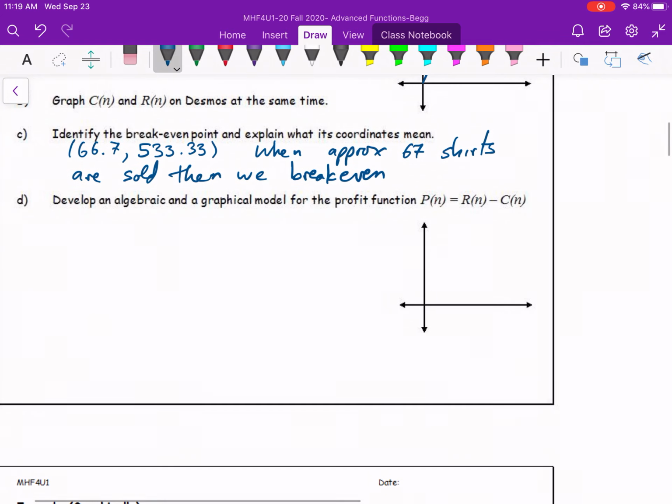Develop an algebraic and graphical model for the profit function, which is R of n minus C of n. So if I want P of n for profit, it is going to be 8n, that was our revenue function.